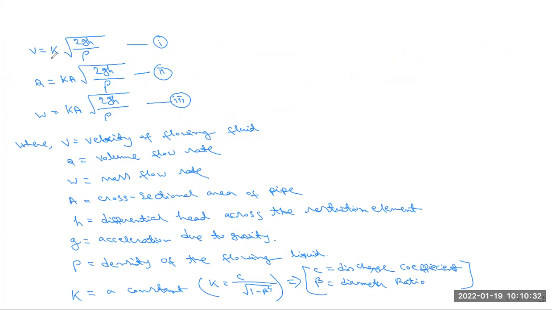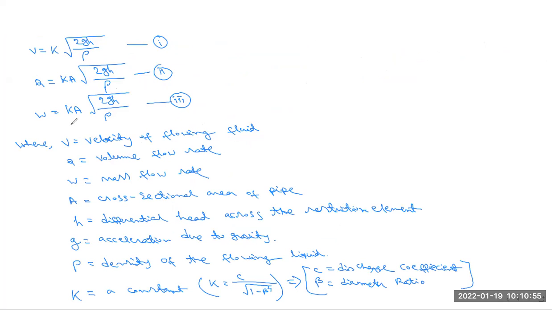Then Q equals Ka root over of 2GH by rho, where Q is the volume flow rate, the amount of liquid flowing through the pipe.